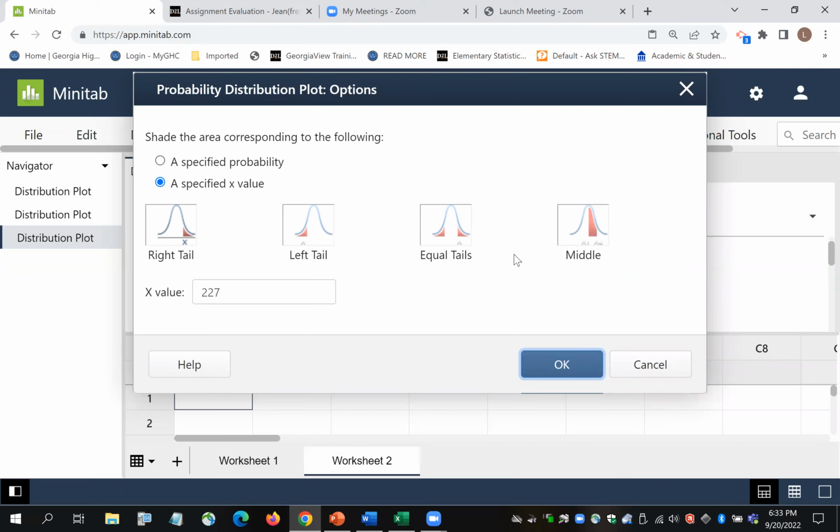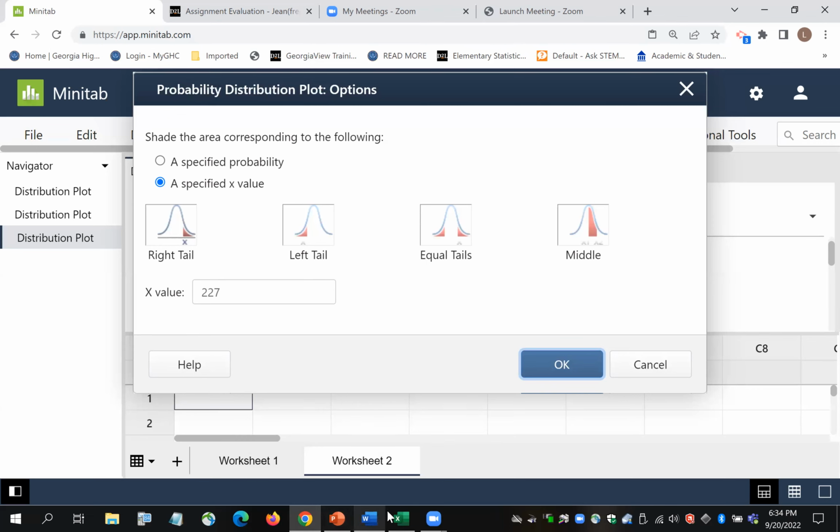The other one that Minitab has is equal tails. It's assuming that you are the same distance below and above the mean. Well, I don't know that for the problem that I just made up off the top of my head. In fact, it's probably not. So I can't use equal tails. You are probably never, ever going to use equal tails, at least in this course.